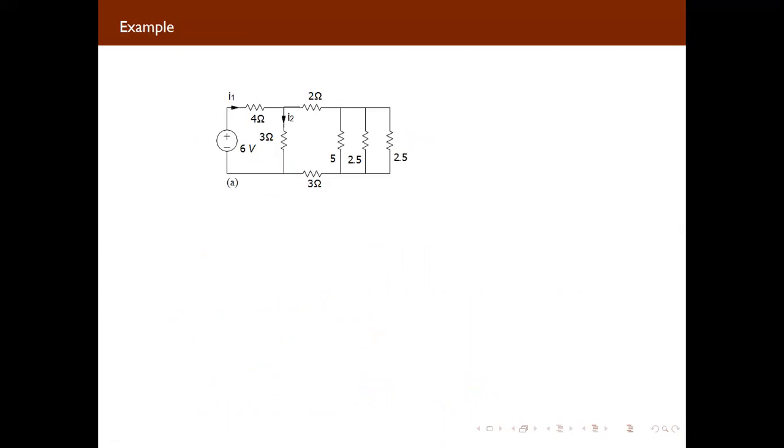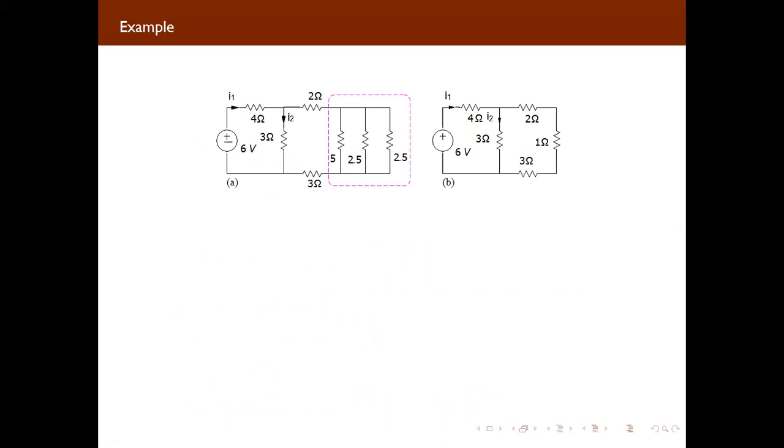If we are having this circuit, if we are supposed to calculate the values of resistor, how we can calculate? You can see here 4 ohm, 6 ohm, 6 volt and 3 ohm. I am writing as it is. And you can see these three resistors are in parallel. A 2 ohm, 3 ohm you can write as it is.